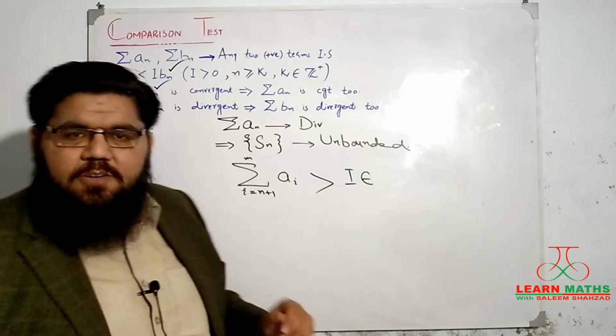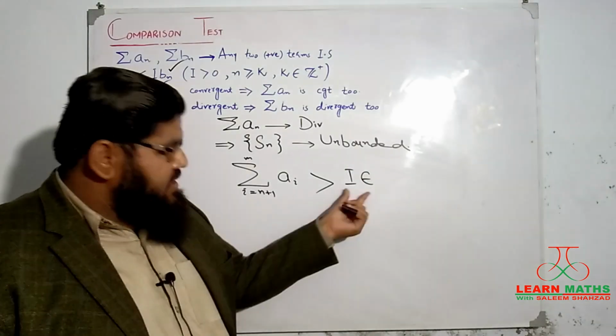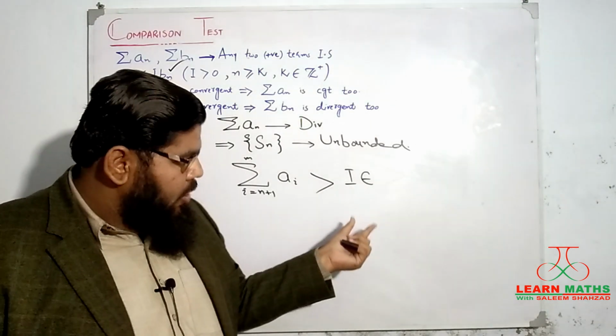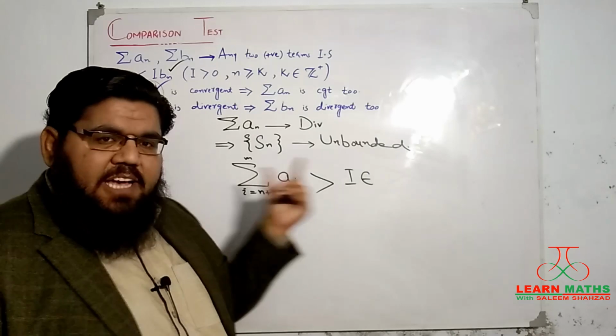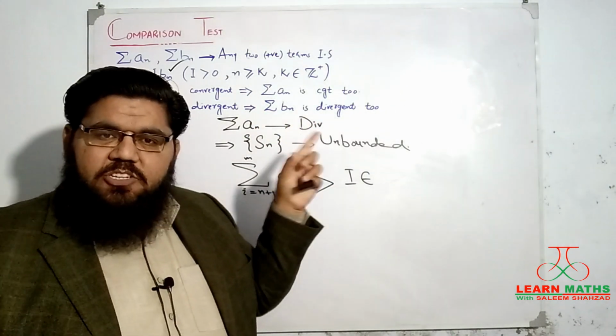I can choose any positive real number, so I have chosen this. This is my choice, you can take any, but this I think is going to help us in proving what we want to prove here. So using this expression we will prove that the series summation bn is divergent too.